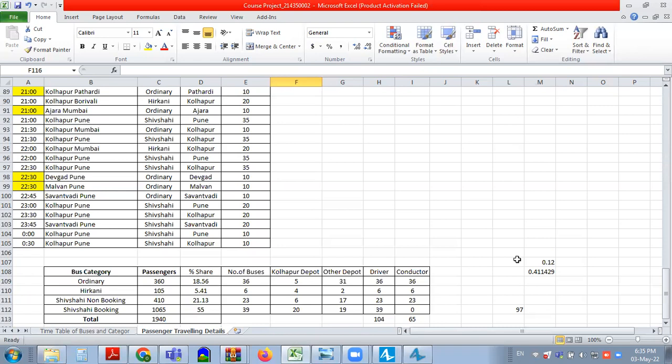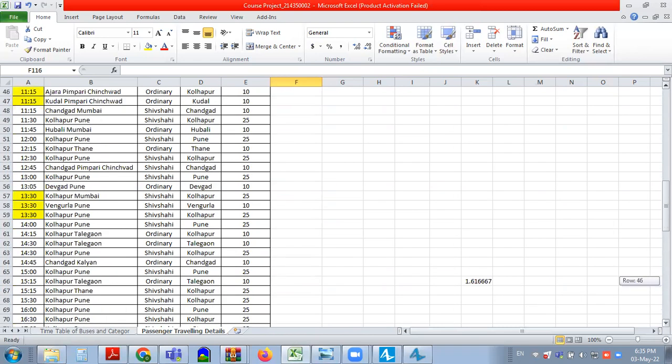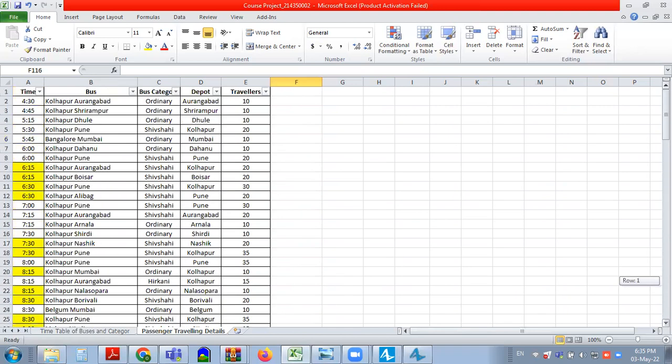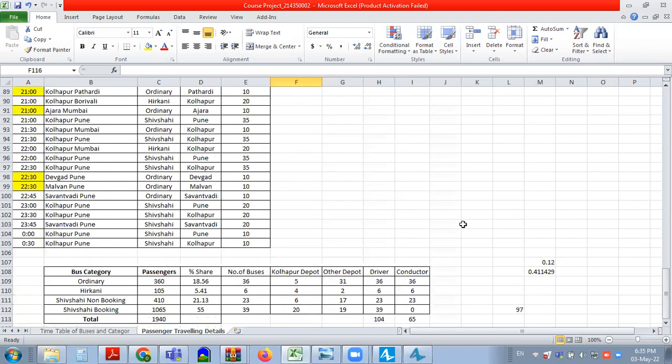So by their judgment or by their telling, I tried to put those numbers in front of the buses: how many passengers travel in a typical day in this bus at the start. And then when I discussed the problems faced, I understood that sometimes when buses are running in parallel, the concentration of passengers happens.